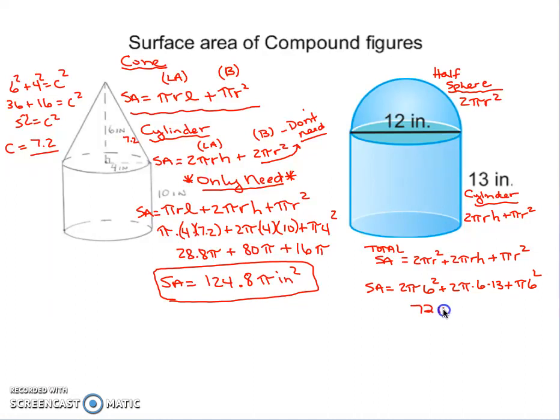So here we would get 72 pi plus 156 pi plus 36 pi. Since we have pi in all of our values, we're going to leave it in pi. So our overall surface area for this half sphere and cylinder would be 264 pi. And since we were working with inches and it's surface area, inches squared.